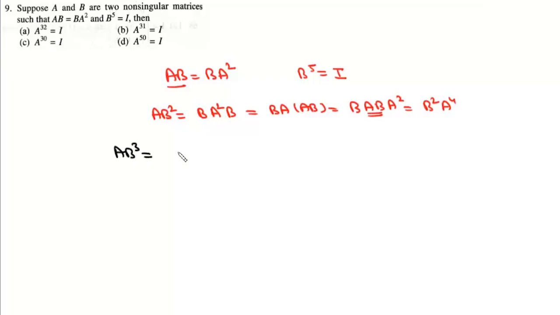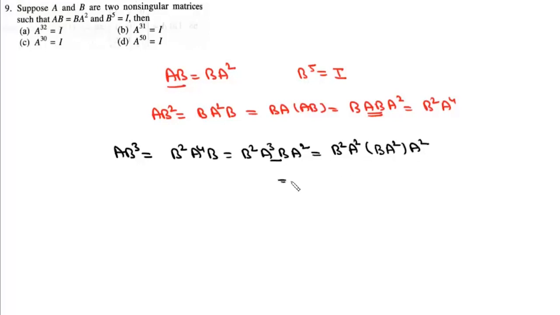AB cube. Now AB cube will be B square A to the power 4 into B. Now we can write AB as BA square, so it will be B square A cube, and AB is BA square. Again we can write this AB as, this is B square A square, and AB will be BA square, so it will be B A square A square.